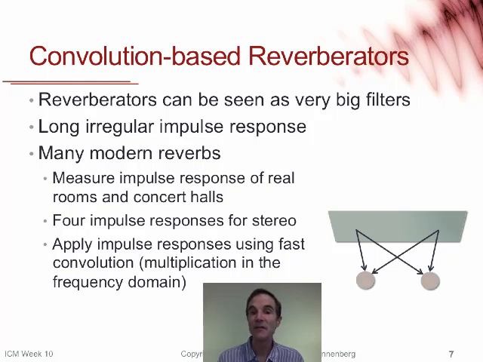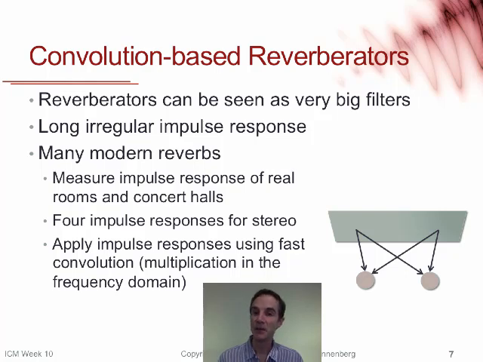And in fact, they often measure 4 impulse responses for stereo. So there's stage left to left channel response, stage left to right channel response, stage right to left channel response, and stage right to right channel response. So we're measuring the impulse response from 2 different positions on stage to 2 different recording microphones.